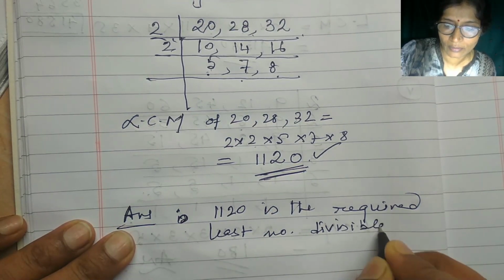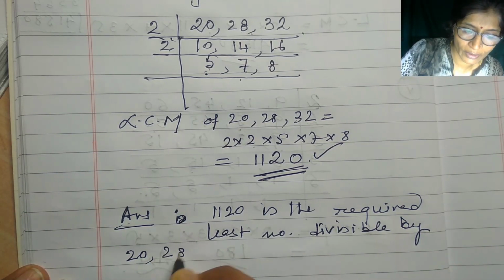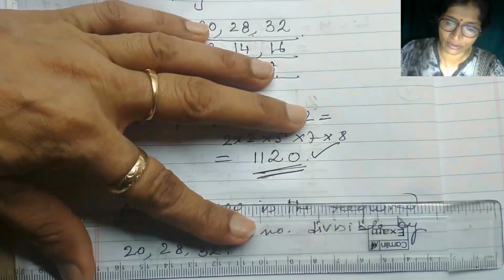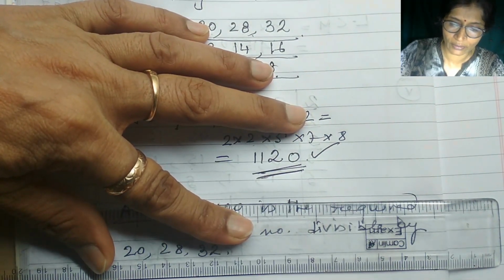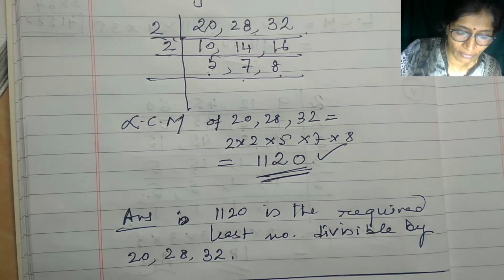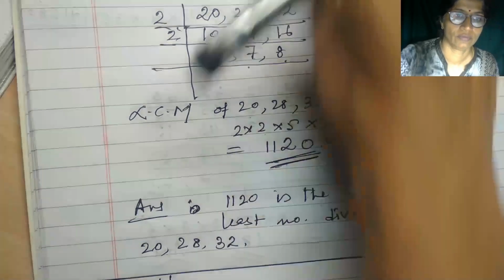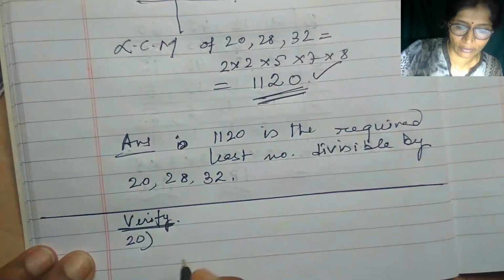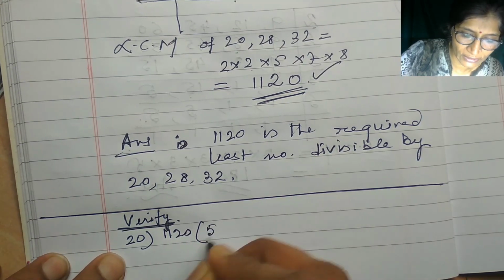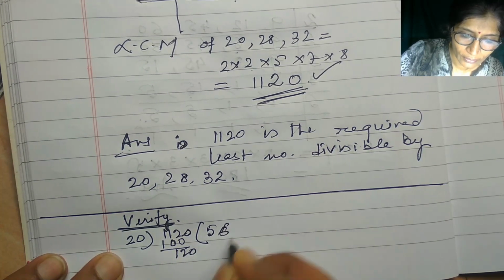That is divisible by 20, 28, 32. You can verify it. This is not required to do, but if they say verify, meaning whether you are right or wrong, you can verify it. How? You divide 1120 by 20, it will go 2 5s are 10, so 120, 2 6s are 120.